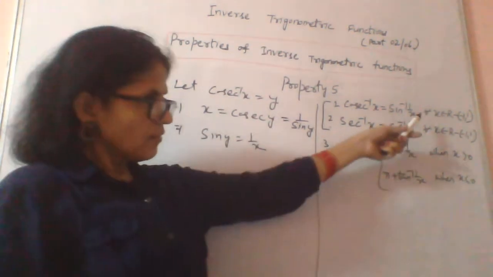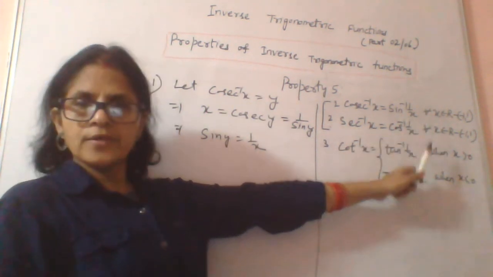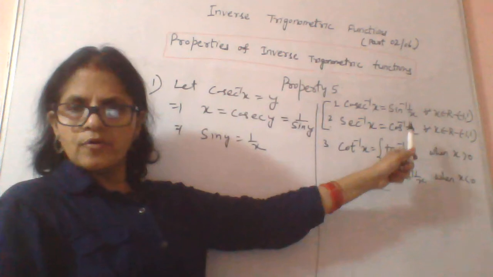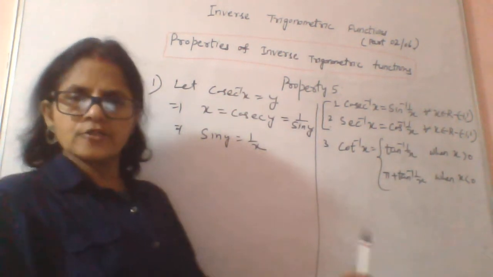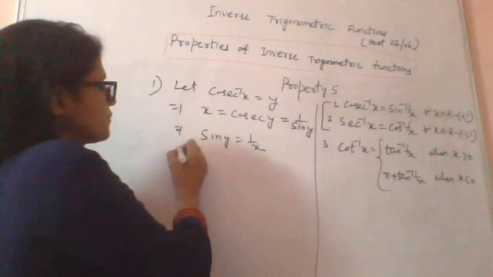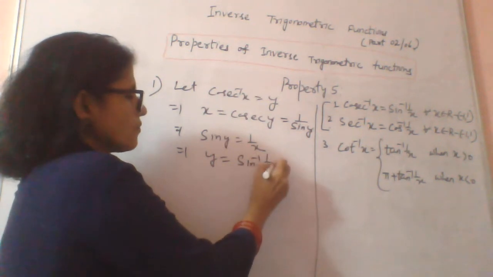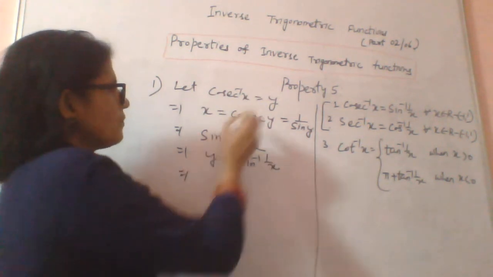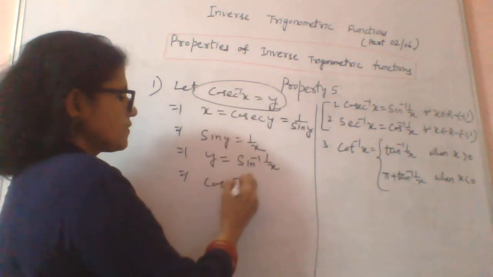Whenever you consider x belongs to set of all real numbers except open interval -1 1, we are already excluding 0, so we don't have any problem writing like this. So this implies y equal to sin inverse 1 by x. Y means in this case cosec inverse x.